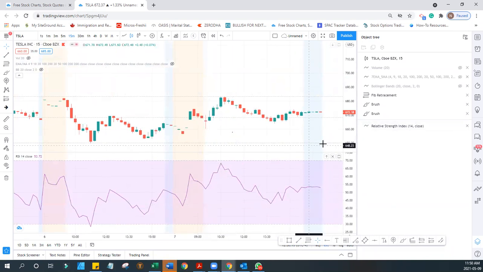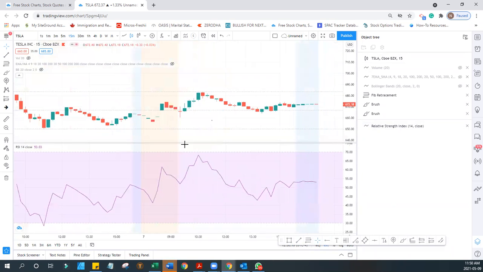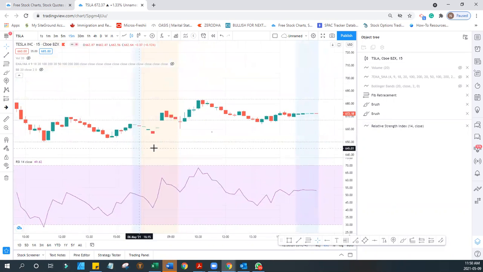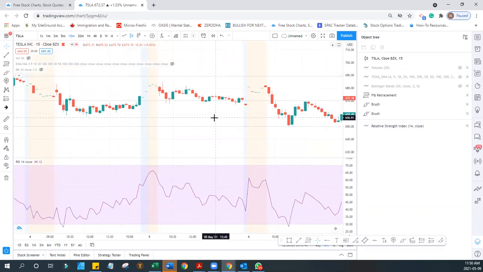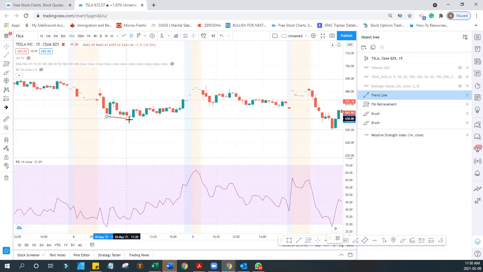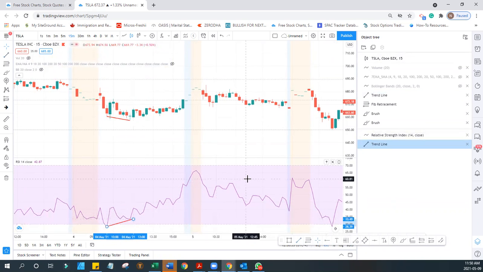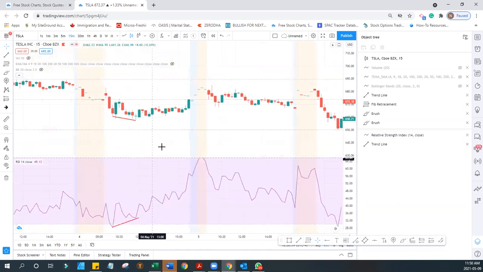Okay. So here, it's not here as well, because divergence is very hard to find. Sometimes the price is falling. Okay, here probably. See, the price is falling, but the momentum is going up. Can you see? Everybody can see it.